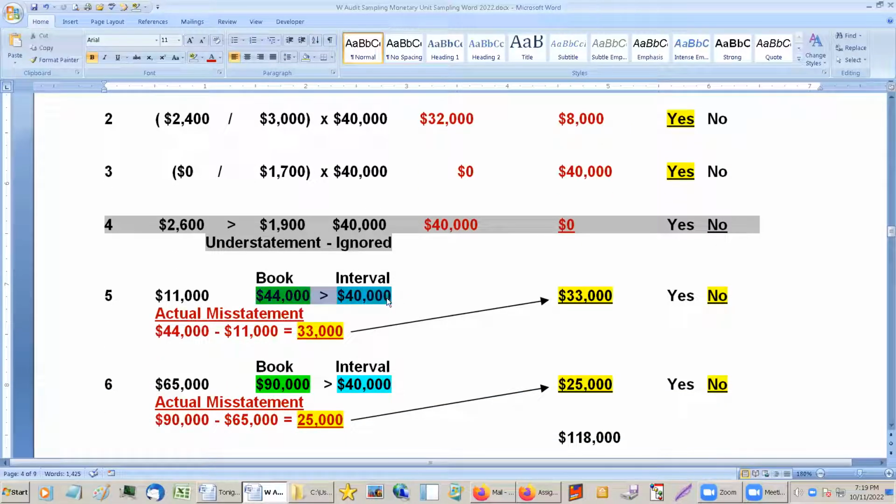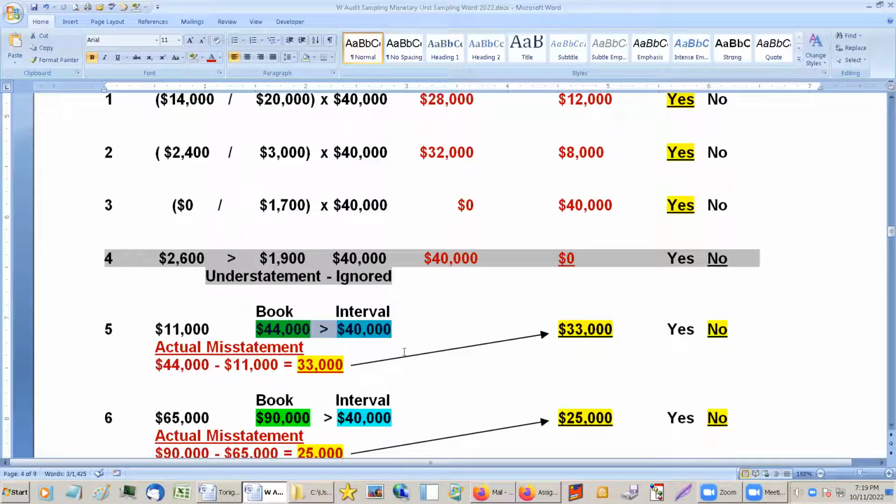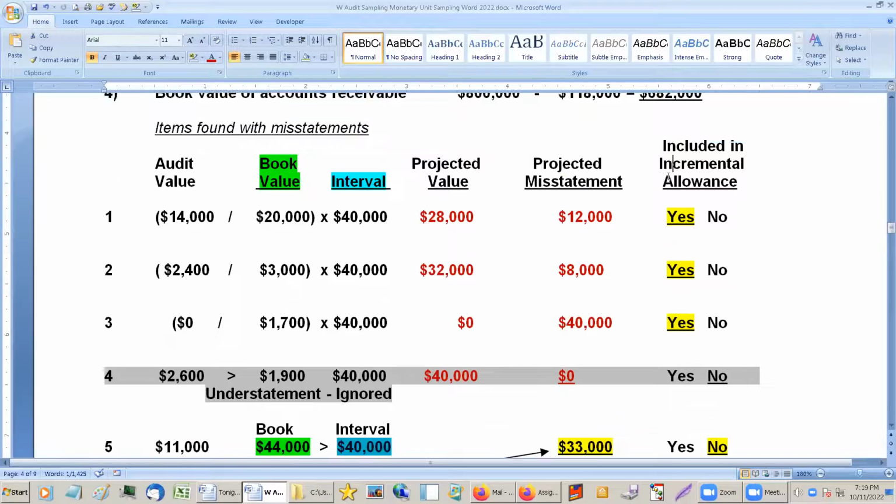Another wacky thing is if the book value is higher than the interval, it does not go in the incremental allowance because that interval cannot be any worse than it already is. This book value covers the entire interval. Incremental allowance is only for those things that can go more wrong. You know, if you run into an area, you go, okay, well, this could be worse, right? If you run into one area, you could have more.